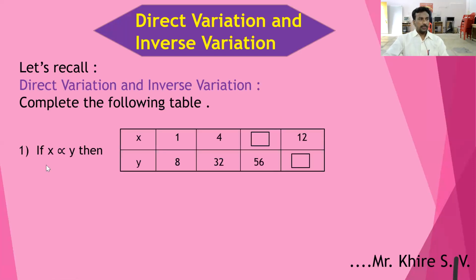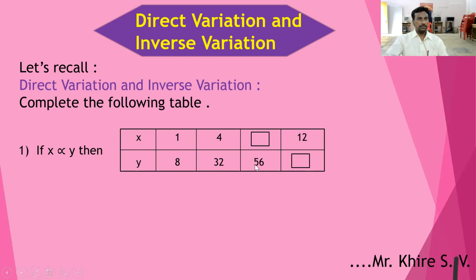For example, if x is directly proportional to y, then some values of x and y are given. Value of x is equal to 1, then value of y is 8. If value of x is 4, then value of y is 32. Now value of y is 56.